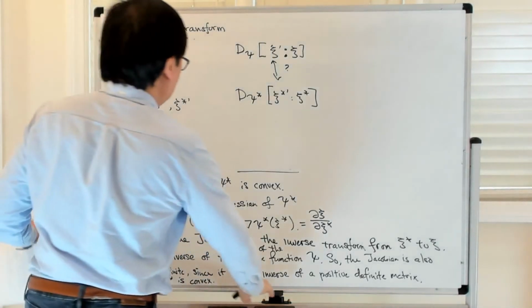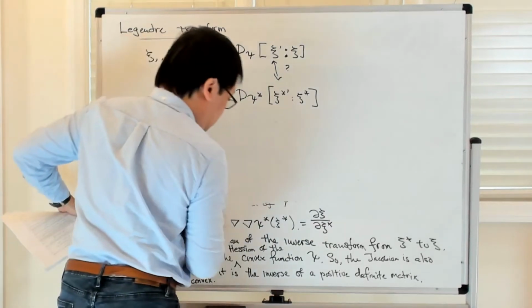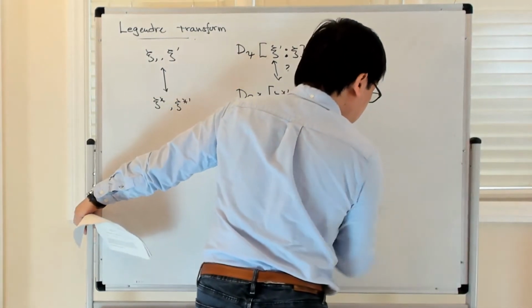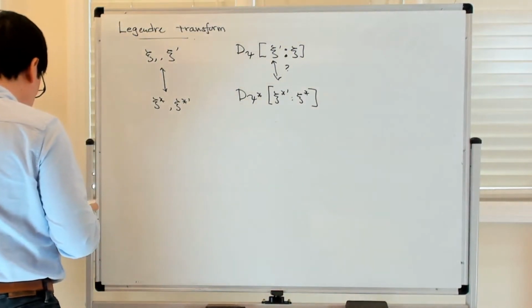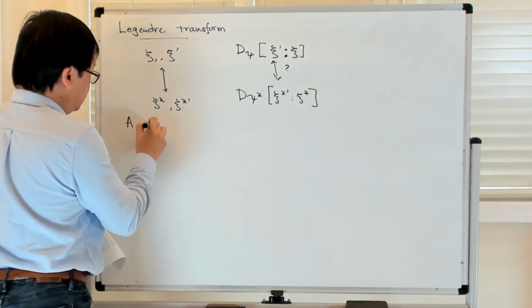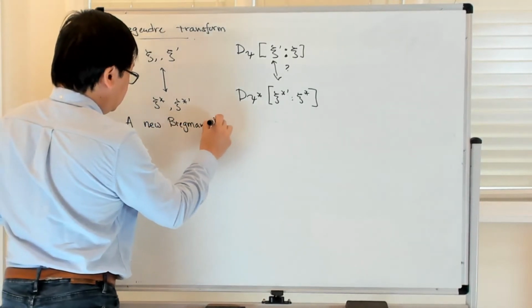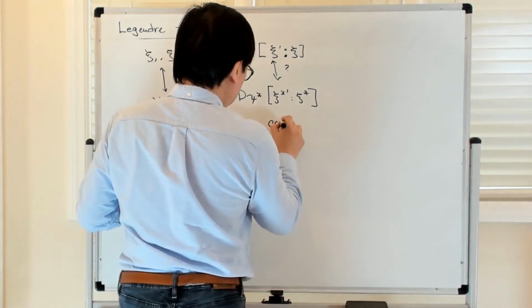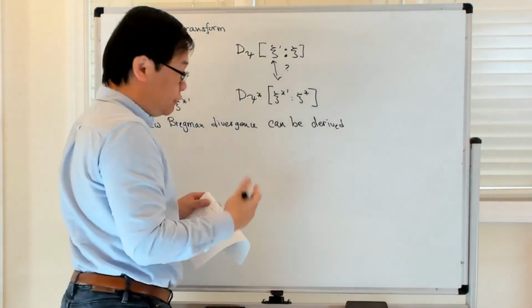Okay, so let's see what's happening. The point is that a new Bregman divergence can be derived from the dual convex function.